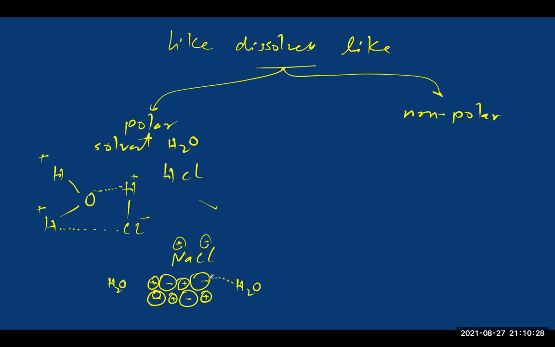The positive end of H2O, which is hydrogen, will be attracted to the negative ion, and the oxygen, which is the negative end, will be attracted to the positive ion, and they will grab this ion away from the lattice. So we will find that this lattice will disappear. It means that we have solvation here.